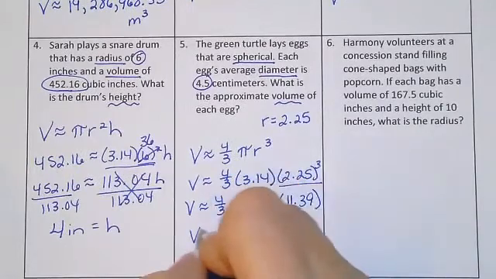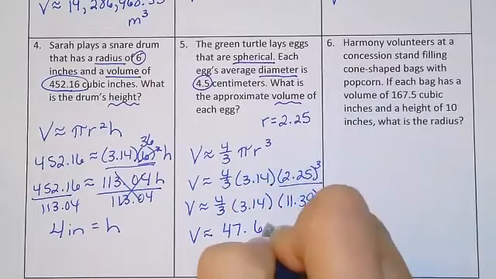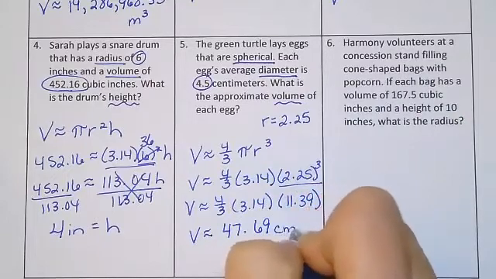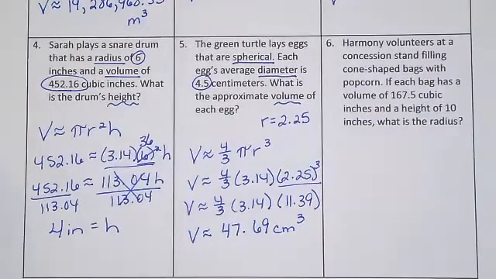Okay, now multiply all the values. So the green turtle's egg is approximately 47.69 centimeters cubed.